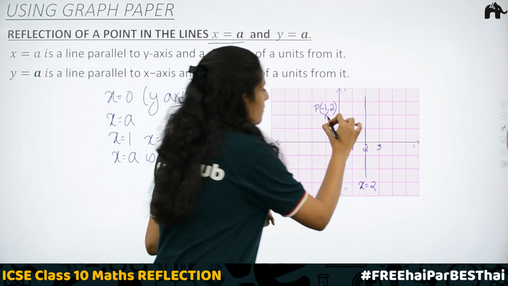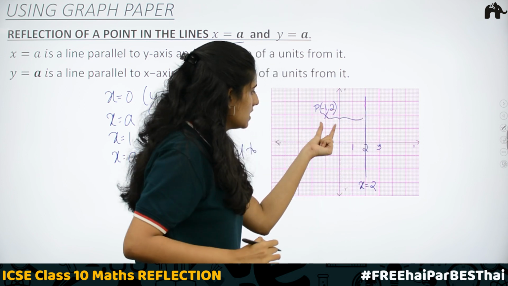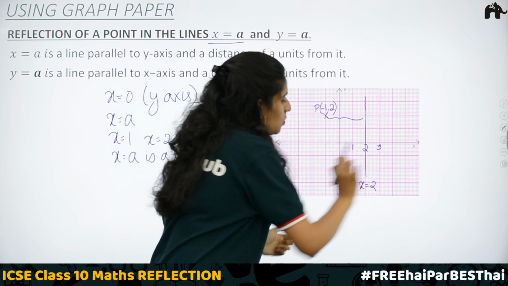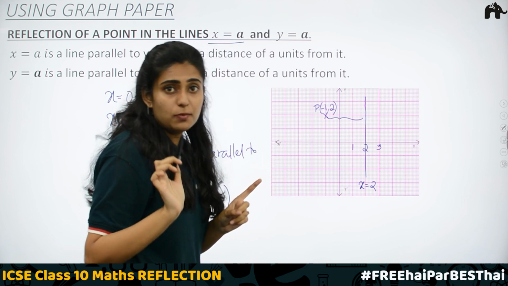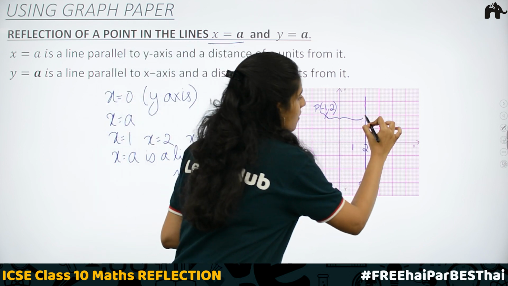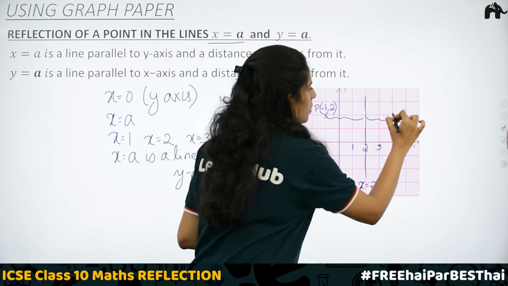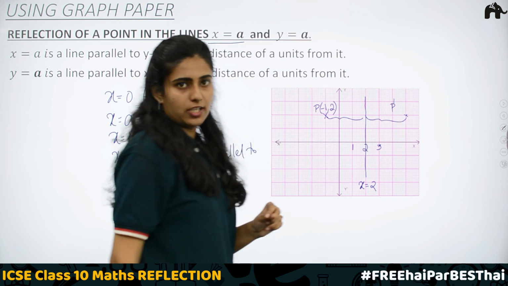Here this point P is at a distance of 1, 2, 3 units from the x is equal to 2 line. Therefore the image should also be at a distance of 3 units. 1, 2, 3 units. So here I am going to get my image at this point.